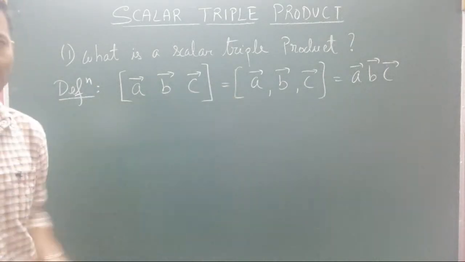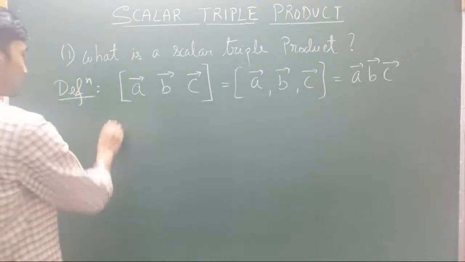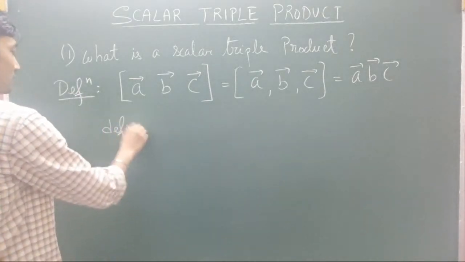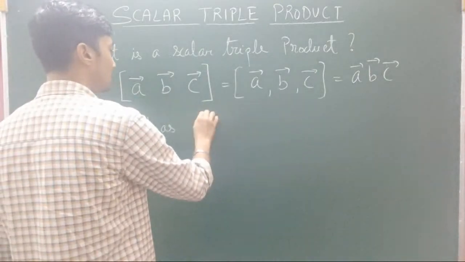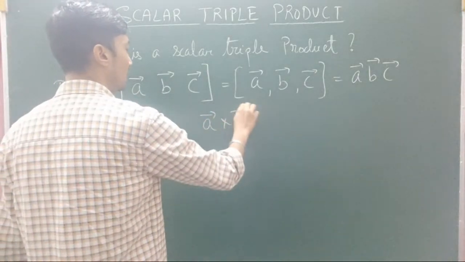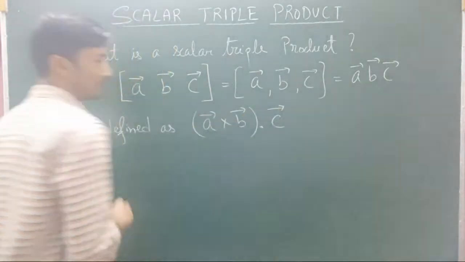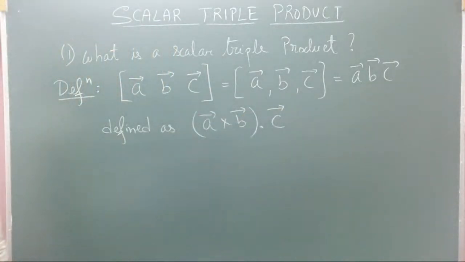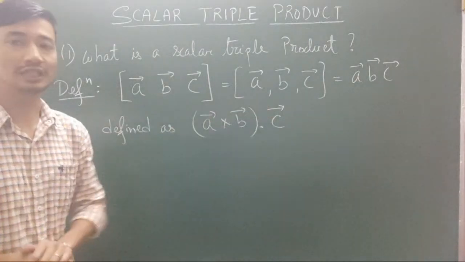This scalar triple product is defined as A cross B dot C. This is what it represents.